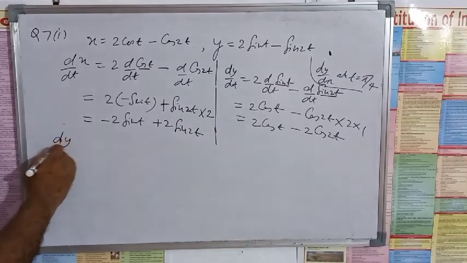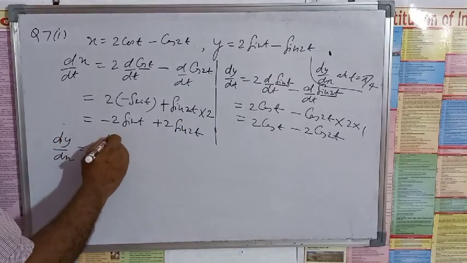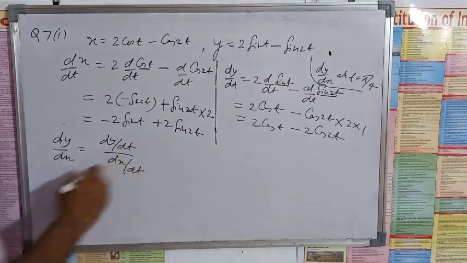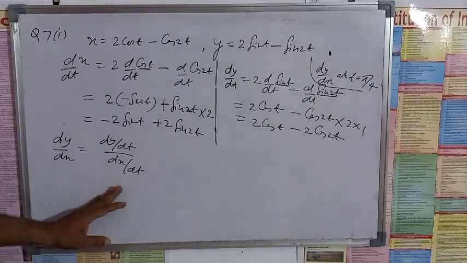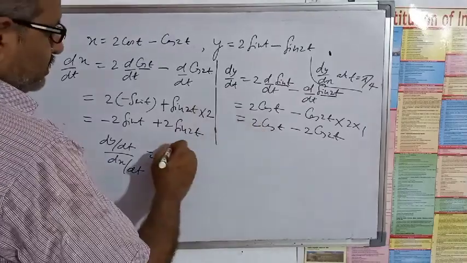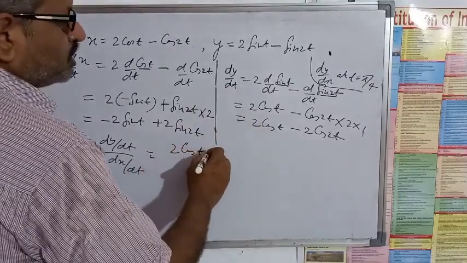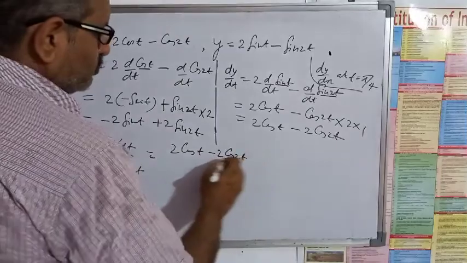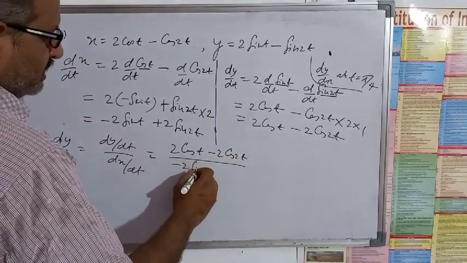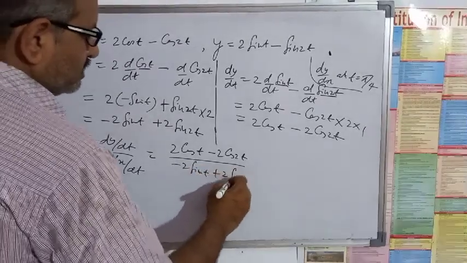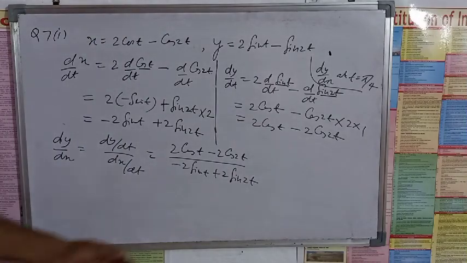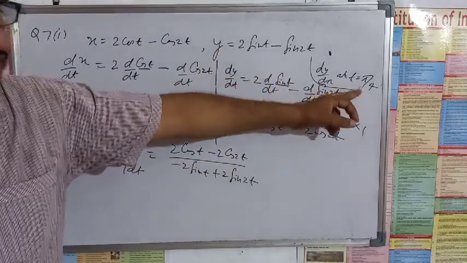Now write dy by dx is equal to dy by dt upon dx by dt. So it is 2 cos t minus 2 cos 2t whole upon minus 2 sin t plus 2 sin 2t. We have to find dy by dx at t is equal to pi by 4.